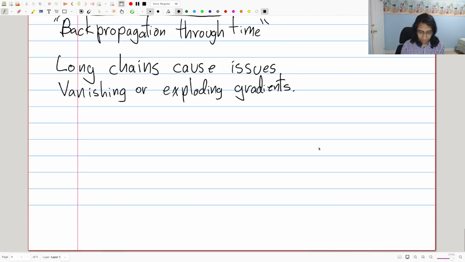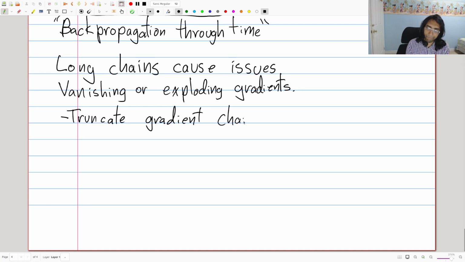And there's many different solutions. One way to deal with it is to truncate the gradient chains. So what do I mean by truncate the gradient chains?